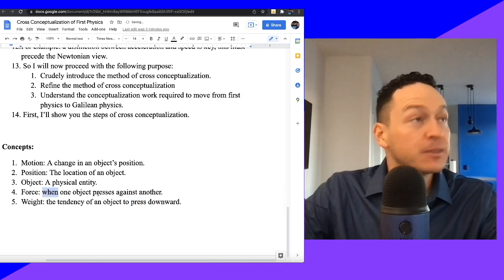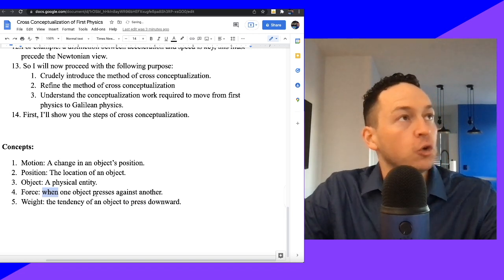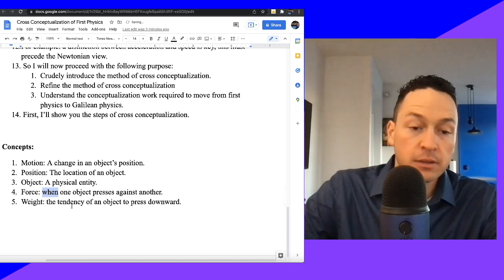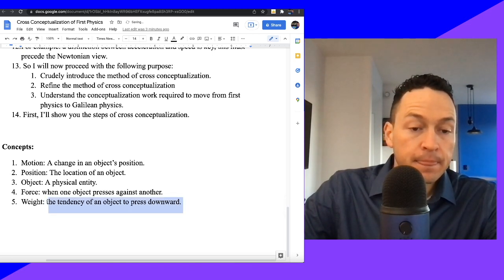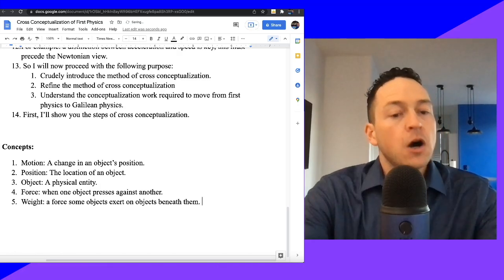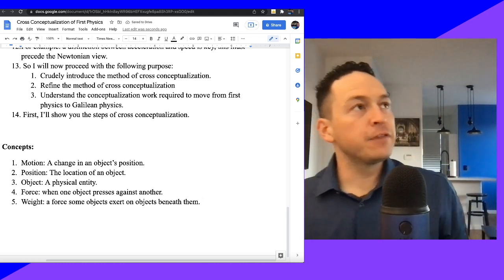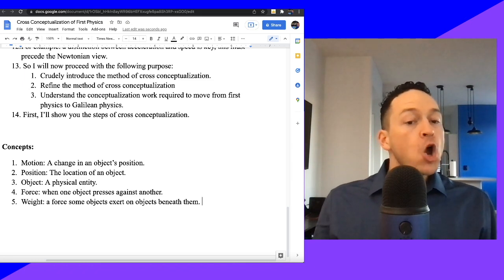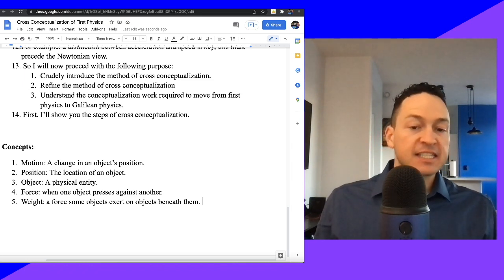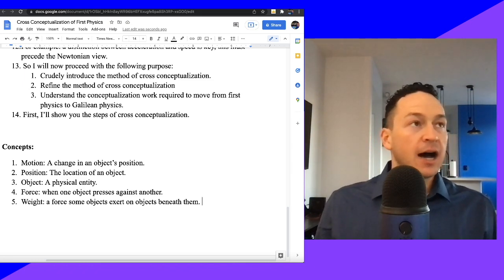Force is when one object presses against another object. So weight is a kind of force. Okay, so in light of the concept of force, I've redefined weight. Weight is a force that some objects exert on objects beneath them.